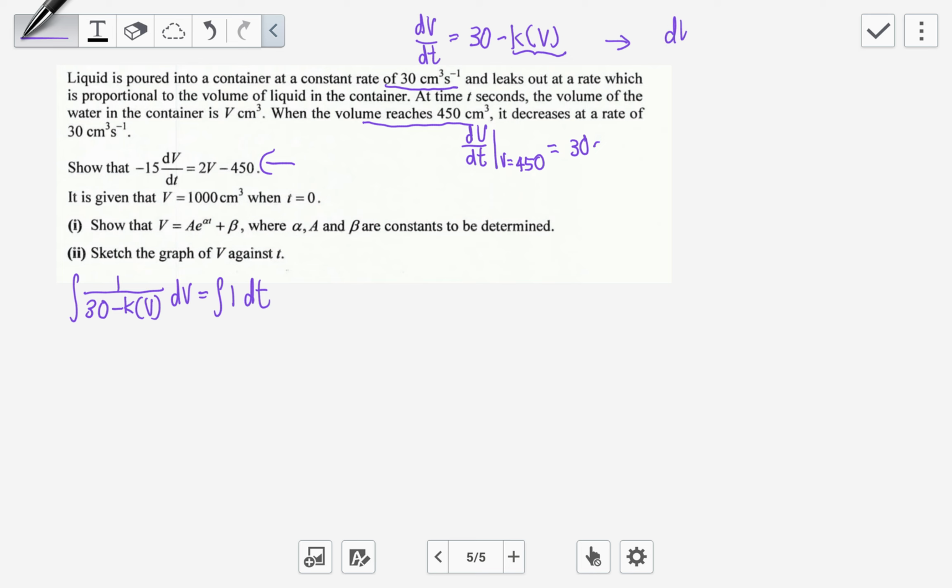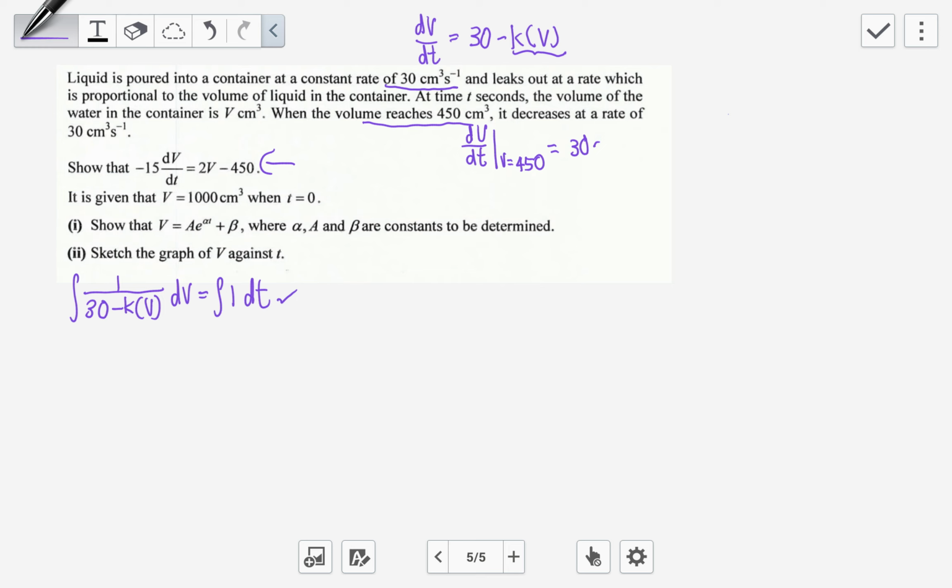Some students will tend to do this, but you can't integrate like that, and you can't bring the 30 over as well. It is totally algebraically wrong. So all these are not correct. This is the correct way of doing it.